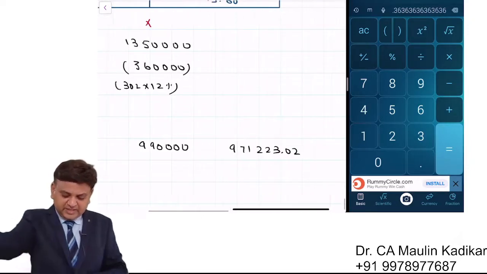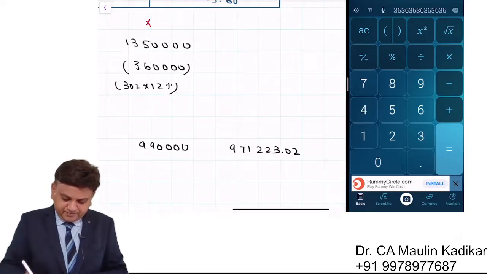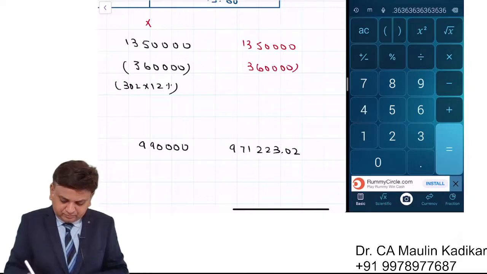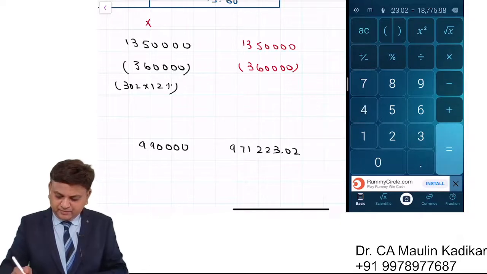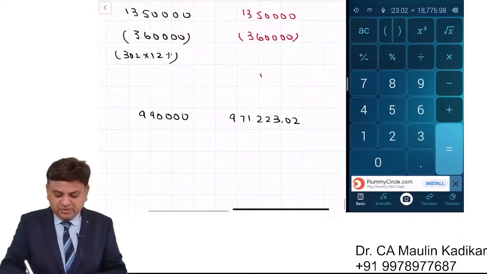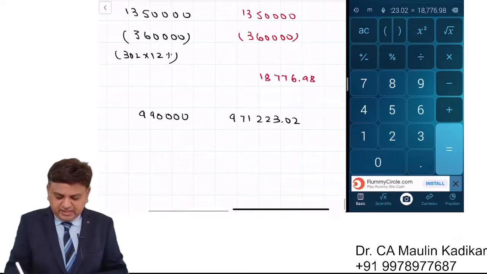What we have to understand over here, implied, is 1350 minus 3,60,000, that comes to 9,90,000, minus 971,223.02. There is an additional interest of 18,776.98.